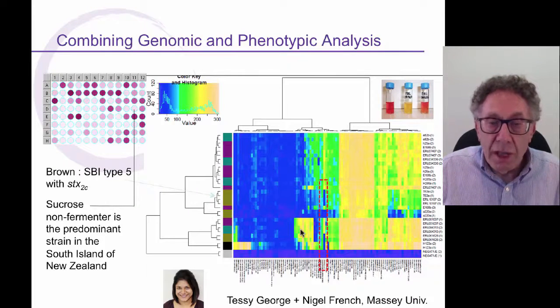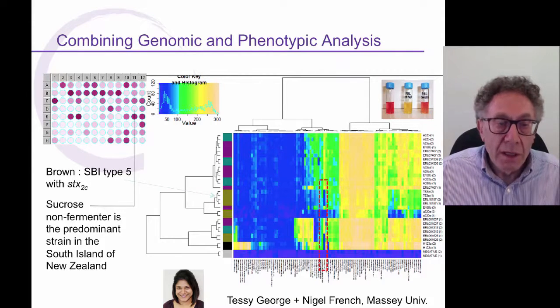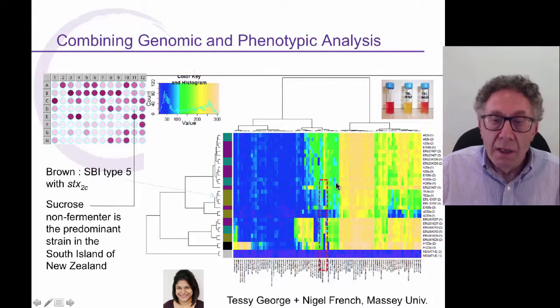And in New Zealand, they found sucrose negative isolates, particularly in the South Island of New Zealand. This is the predominant O157 that they get. They first saw it in the Biolog plates, and then they could replicate that with fermentation assays throughout a large culture collection.